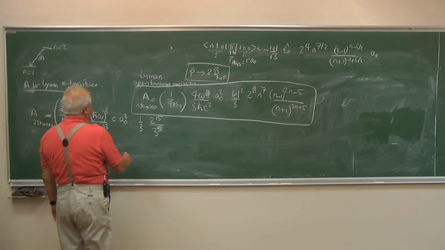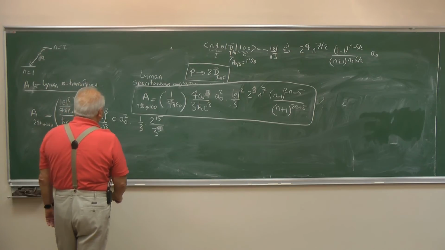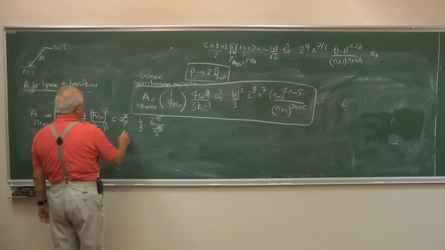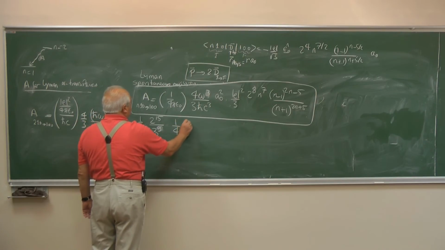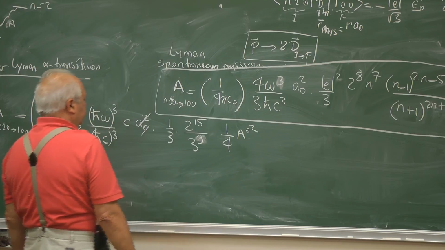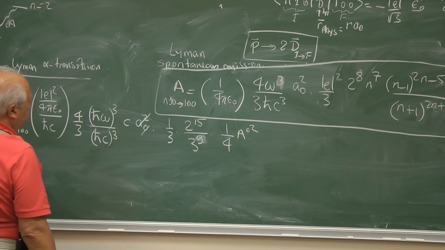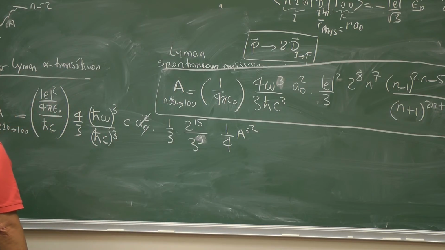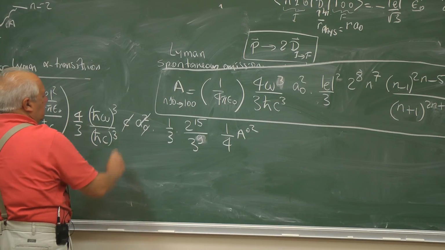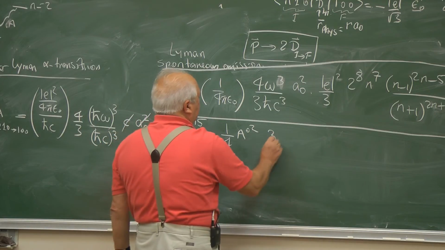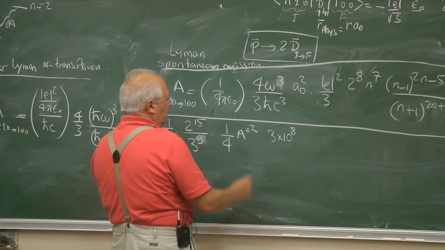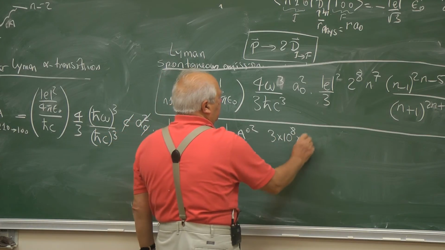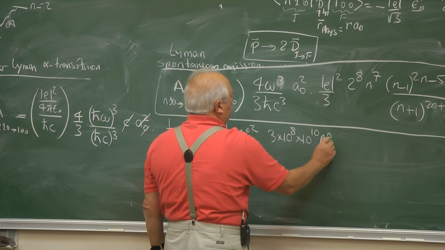Let me look at this. And a0 square, let me write it here, it is 1 over 4 angstrom square. And let me write c here: 3 times 10 to the 8 meters per second, since we have angstroms, times 10 to the 10 angstrom per second.